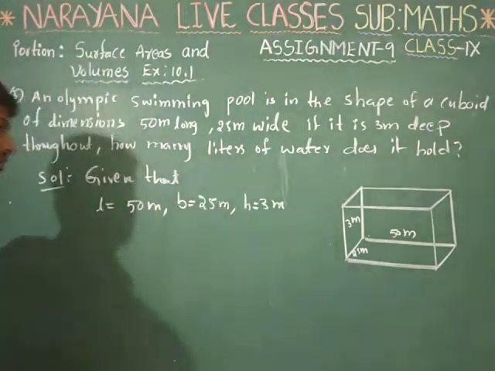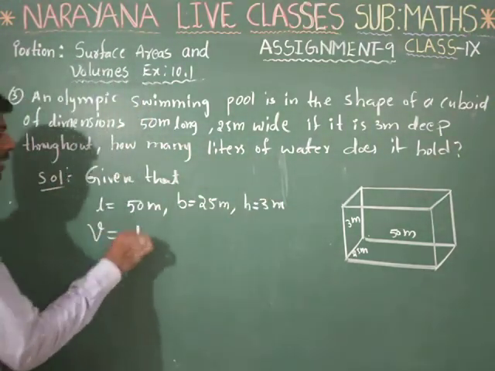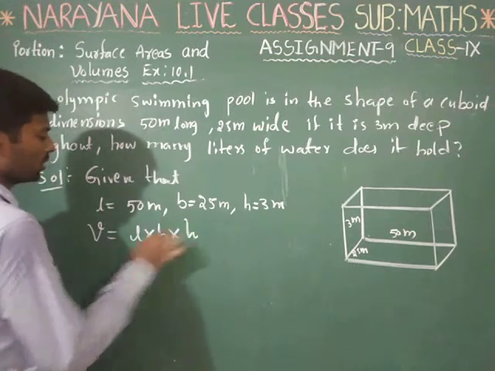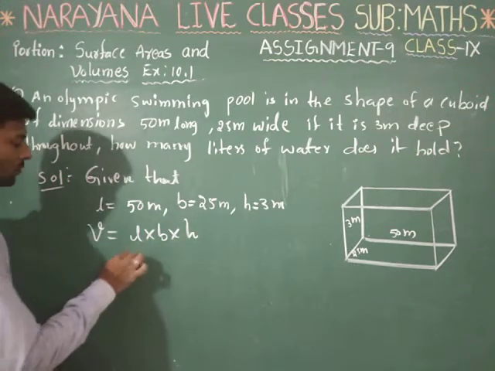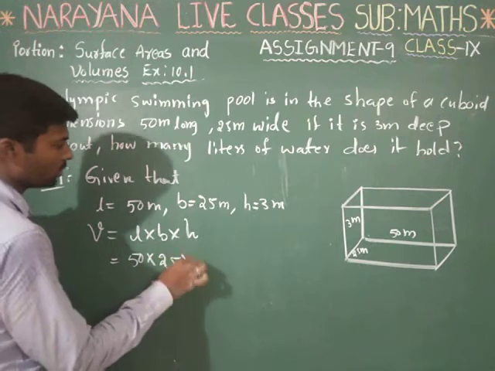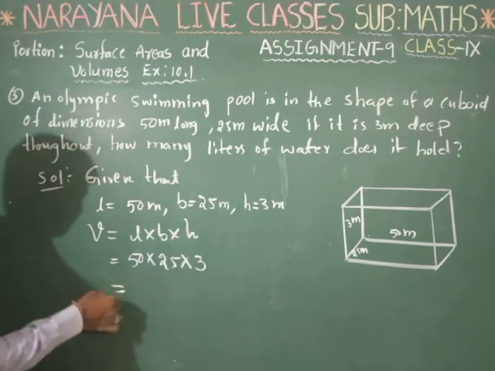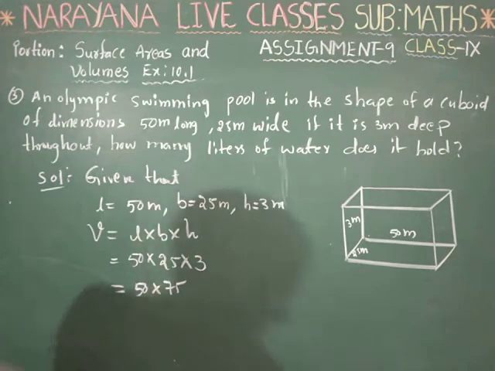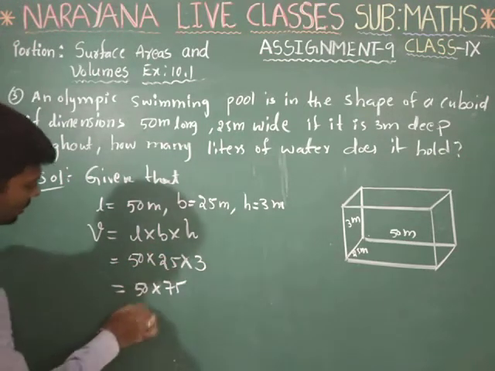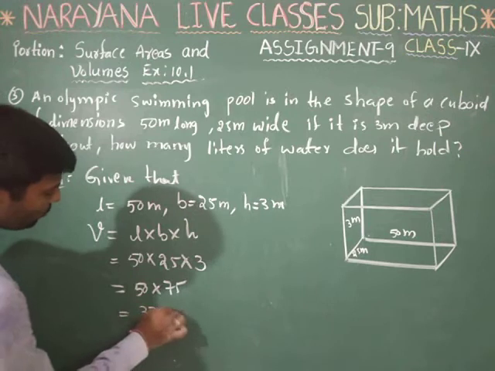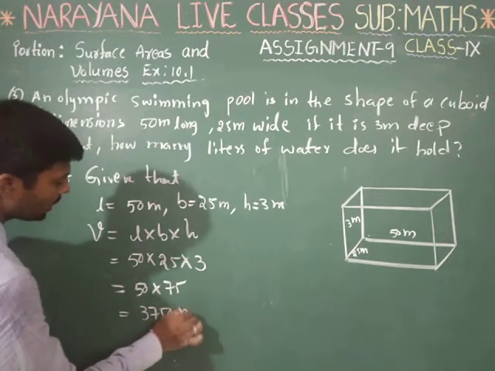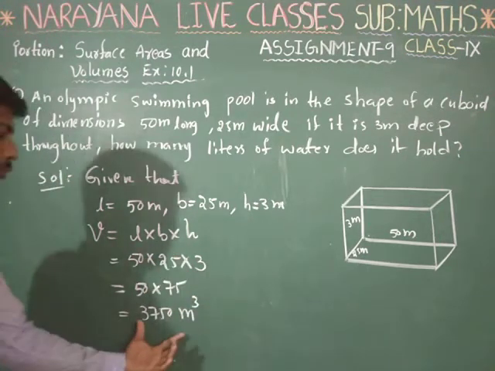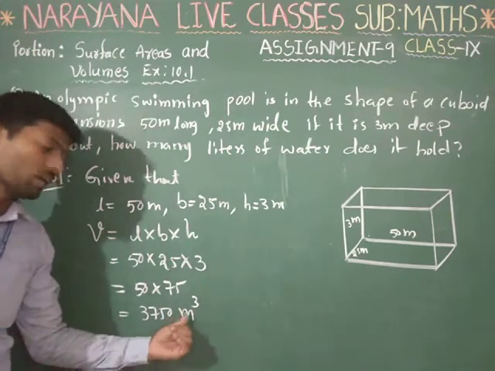The volume of a cuboid is L into B into H. So let's substitute: 50 into 25 into 3. 50 into 25 is 1250, and 1250 into 3 is 3750 cubic meters.